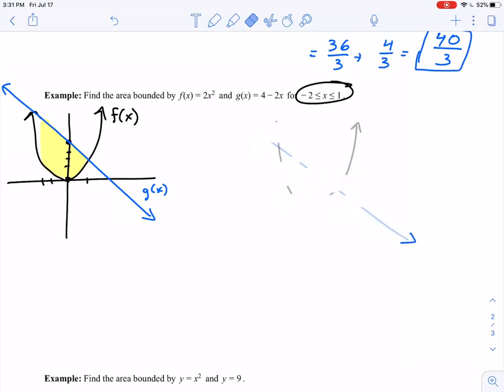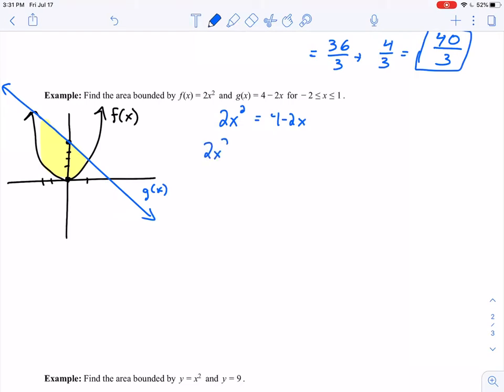So I'm going to verify where f of x and g of x intersect. The way I'm going to do that is take these two functions, set them equal to each other, and solve that equation. So 2x squared equals 4 minus 2x. This is a quadratic equation. The easiest way to solve a quadratic equation is to set it equal to 0.